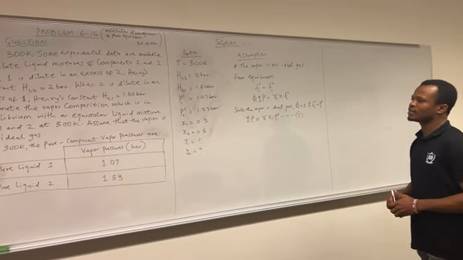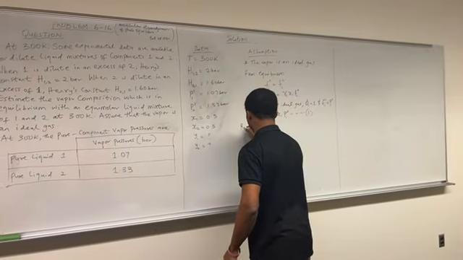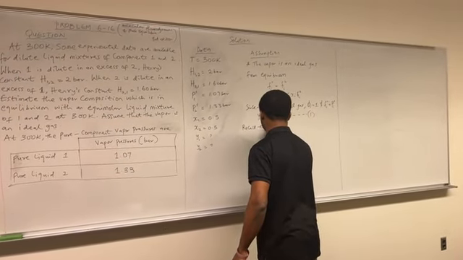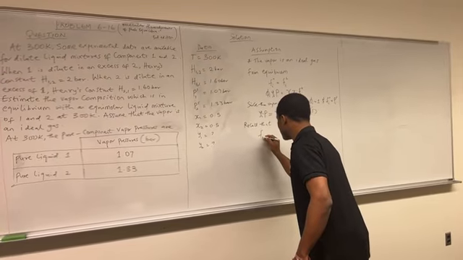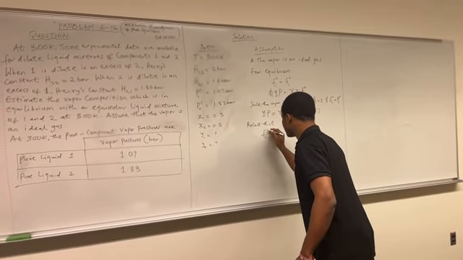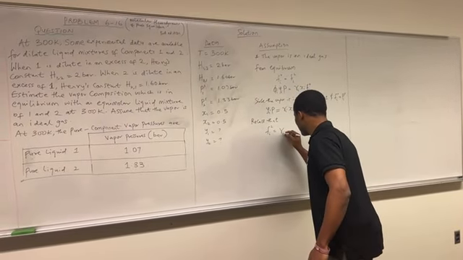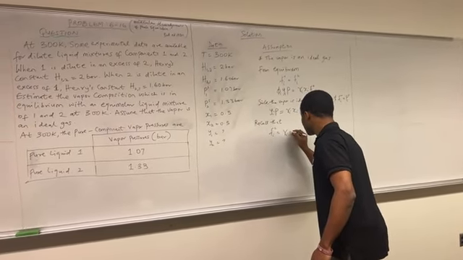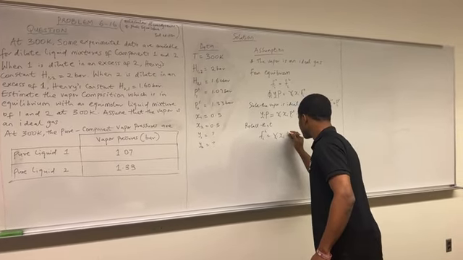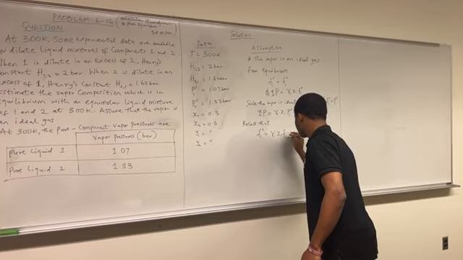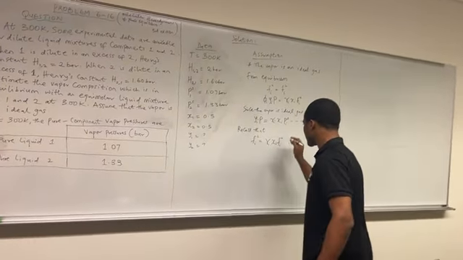Now the next thing we also have to recall is that the fugacity of a component in a liquid mixture is given as the activity coefficient multiplied by the liquid composition multiplied by the fugacity of the component at the standard state.